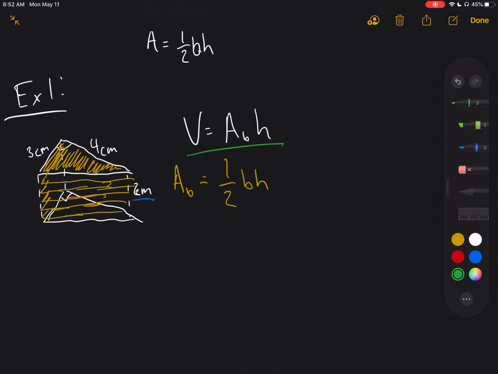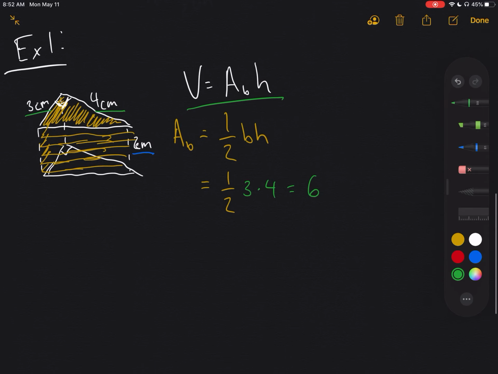I'm just focusing on the base and height of my triangle, and this is a right triangle, right? So the base is 3, the height will be 4, so I can plug those in. 1/2 base of 3 times the height of 4, right? And so 3 times 4 is 12, times 1/2 gives us an area of the base of 6, right?